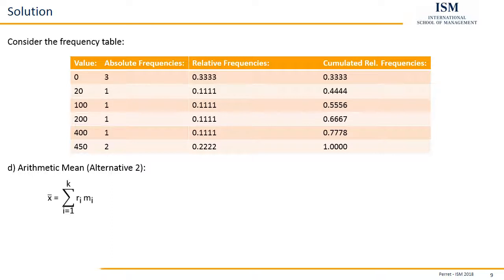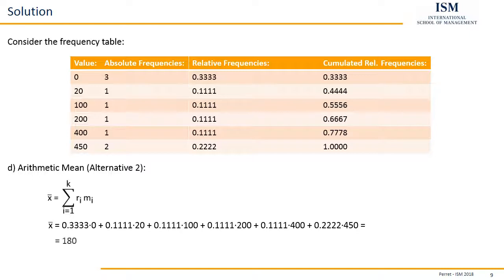In the end, if you consider the definition of the relative frequencies, it's exactly the same as alternative 1, but for some people this might look more interesting or easier to calculate. So here, each value multiplied with the relative frequency, everything added up, results in exactly the same result as the two approaches before. So this not only concludes part 4 of this exercise, but the whole exercise.